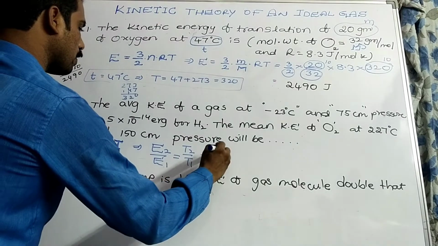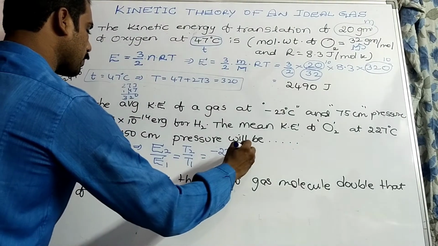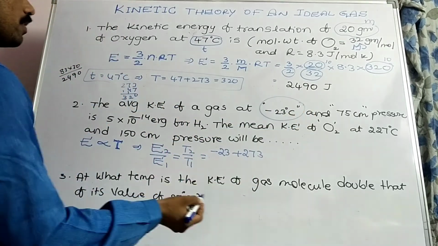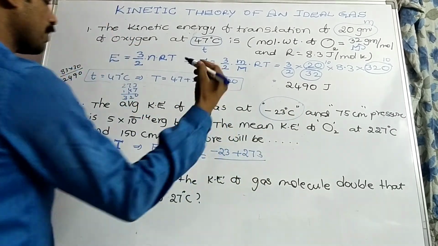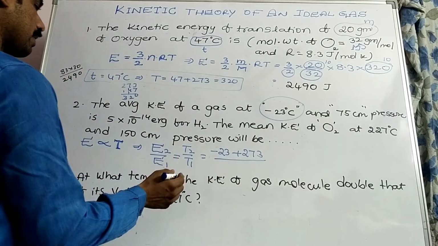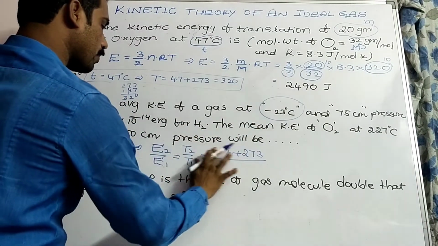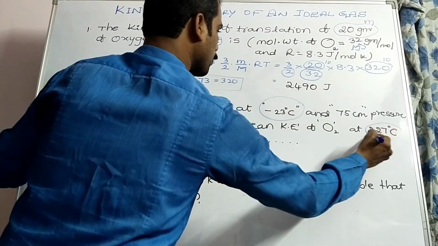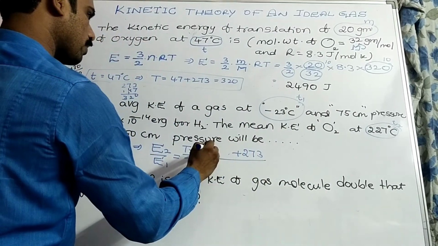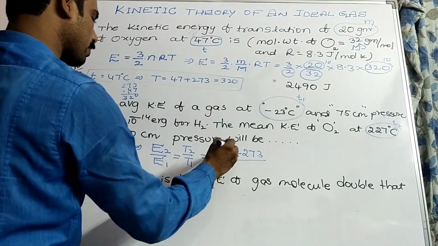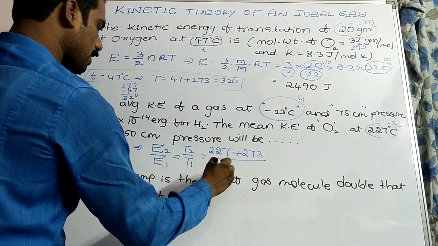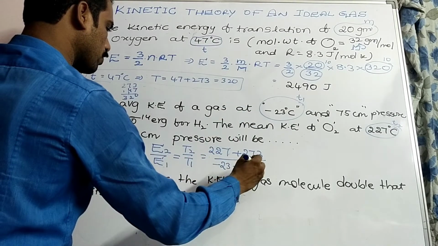That is equal to 227 plus 273 by minus 23 plus 273, since the given Celsius values have to be converted into absolute scale of temperature by adding 273.